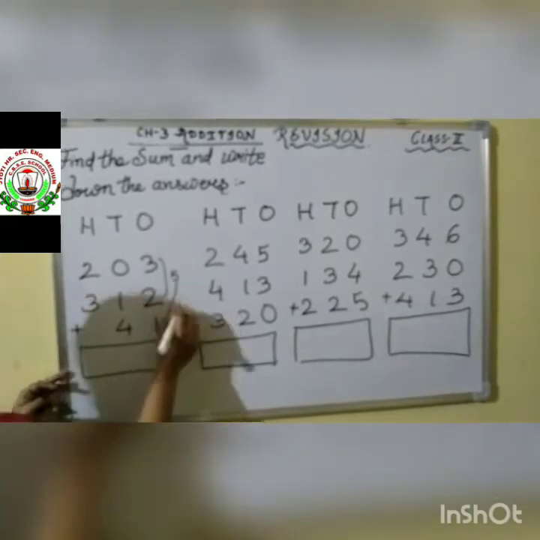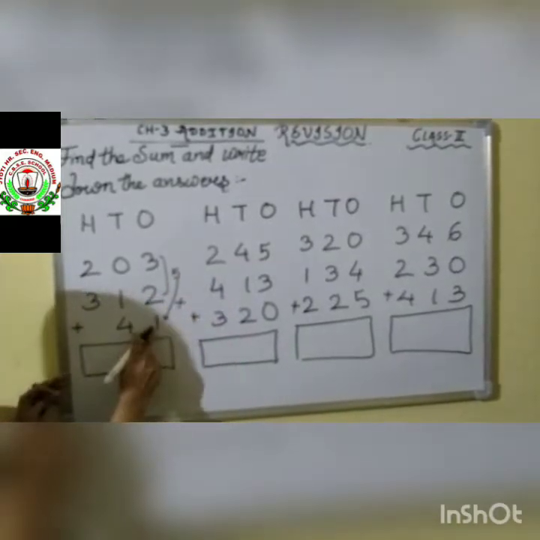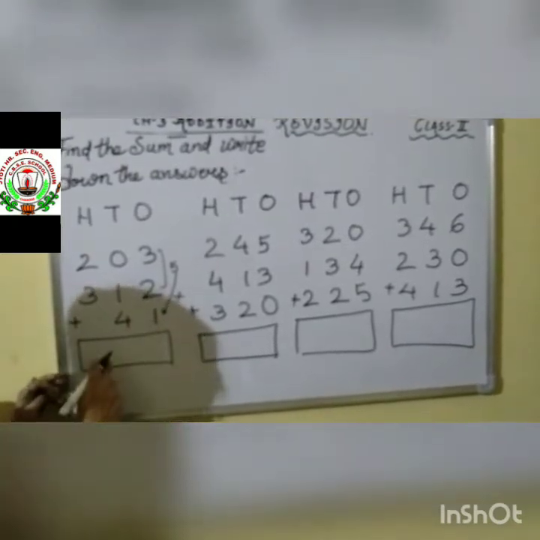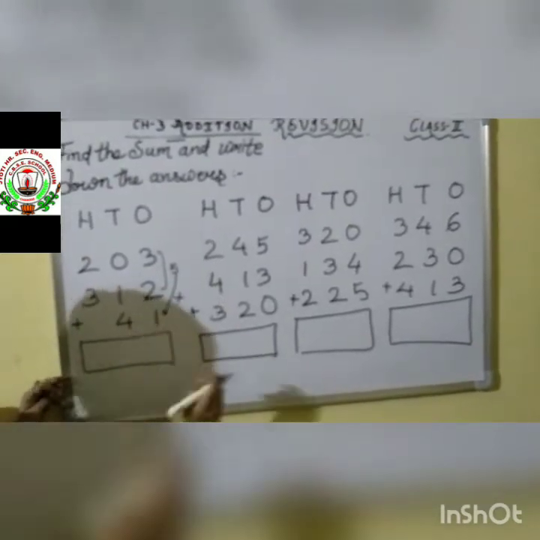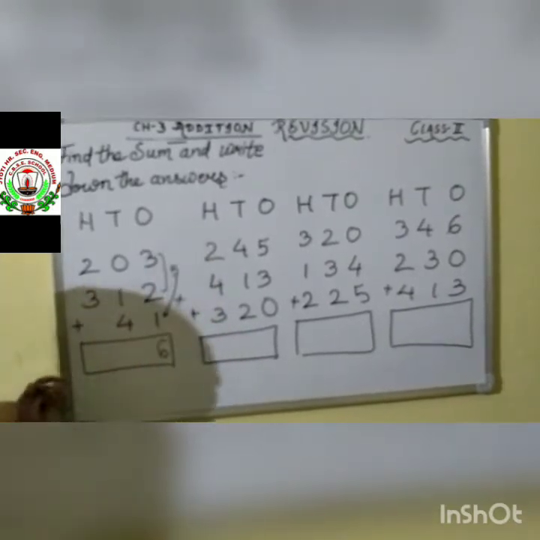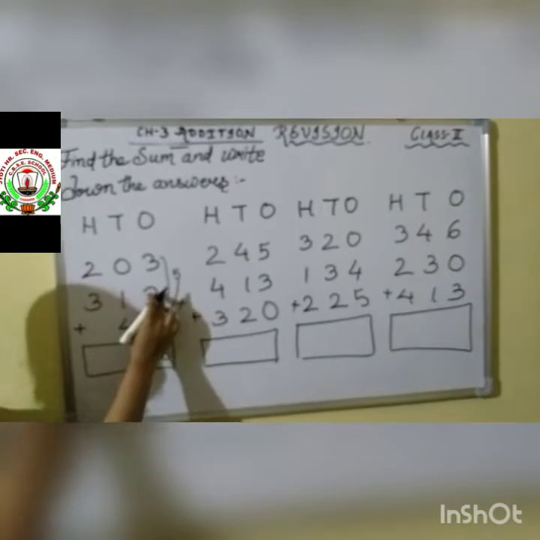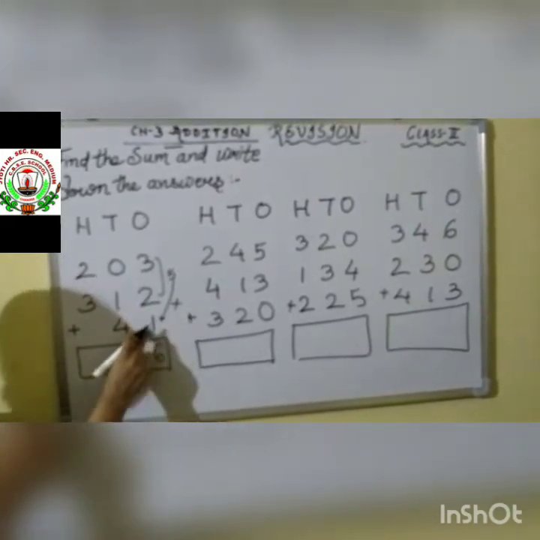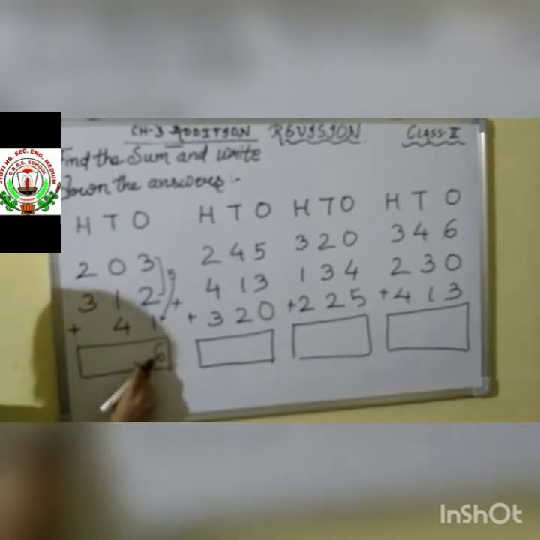This 5 we will add with the next number given, 1. 5 plus 1, children, 6. So this 6 is the answer of the ones place. First we add the 2 numbers, then whatever answer we get, that number will be added to the next given number. Then we write down the answer like this.